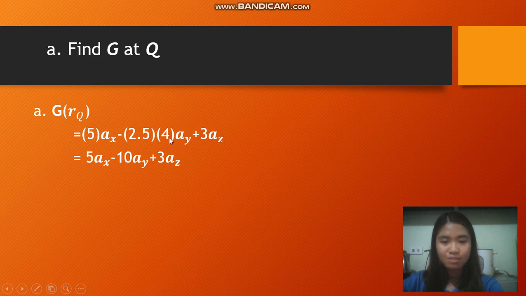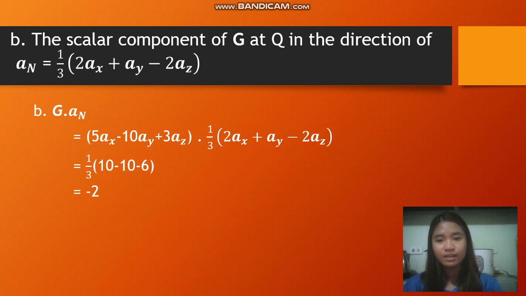Ang value naman ng x is 4, so negative 2.5 times 4, magiging negative 10. And plus 3a sub z. So, ang magiging answer sa letter A is 5a sub x minus 10a sub y plus 3a sub z.